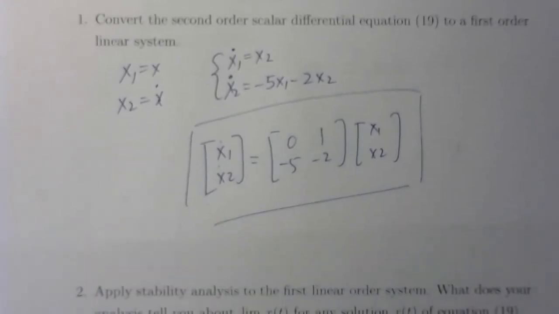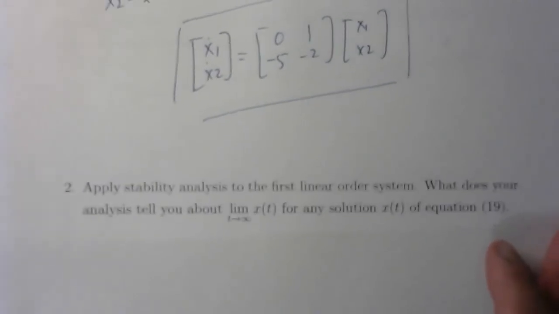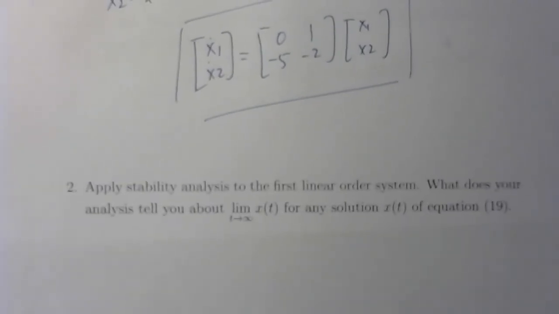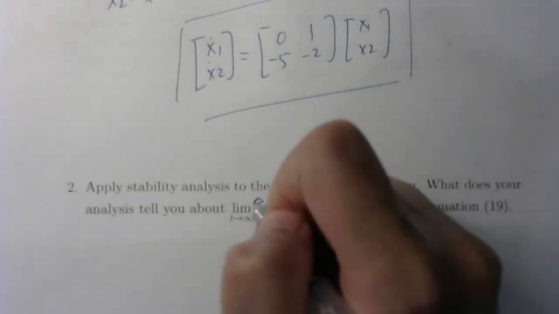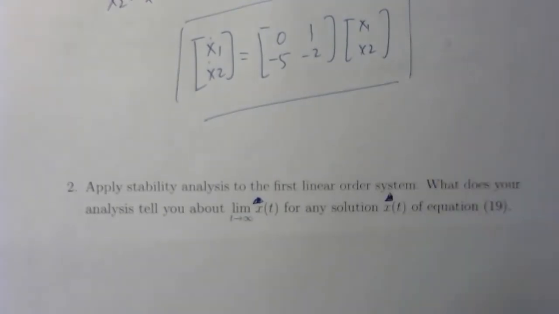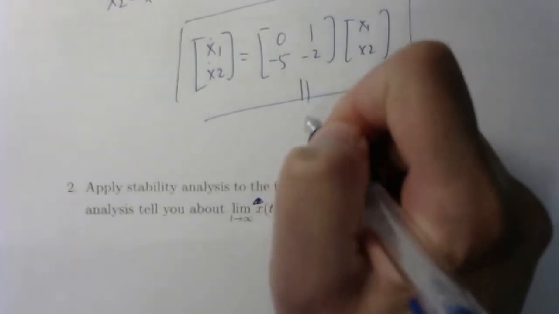Okay, part 2 says apply stability analysis to the first order system and say what this tells us about the limit as t goes to infinity of any solution x of t. Well, I guess, no, just x, not the vector, just x. Okay, so what we saw last time was that whether or not solutions were stable only depended on the sign of the real part of the eigenvalues of this matrix.